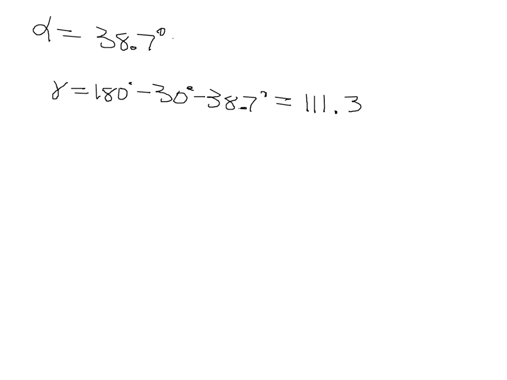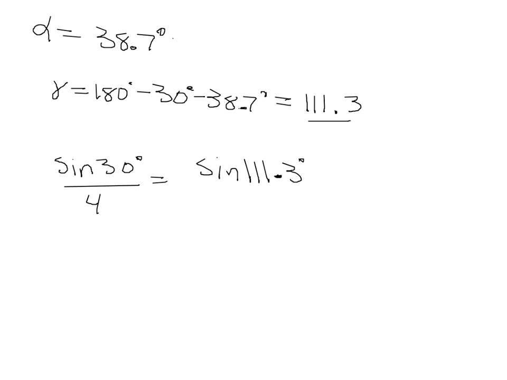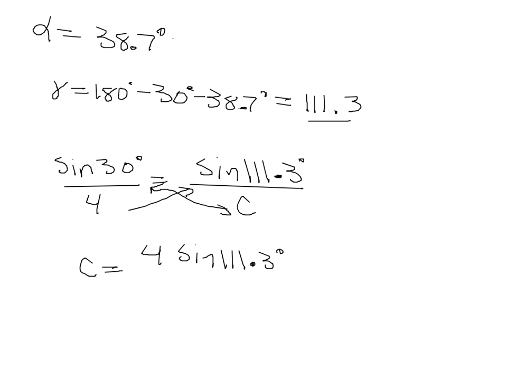Okay, so if this is alpha, then this is gamma. And so what I have is sine of 30 degrees over 4 is equal to sine 111.3 degrees over C, and I solve for C. And I get C equals 4 sine 111.3 over sine 30.